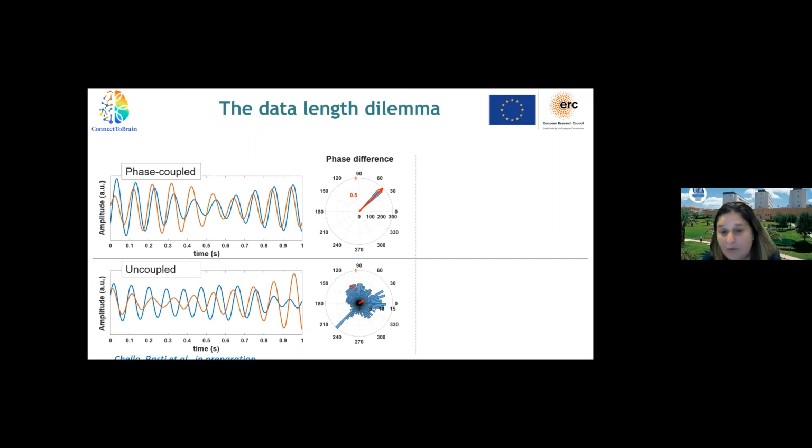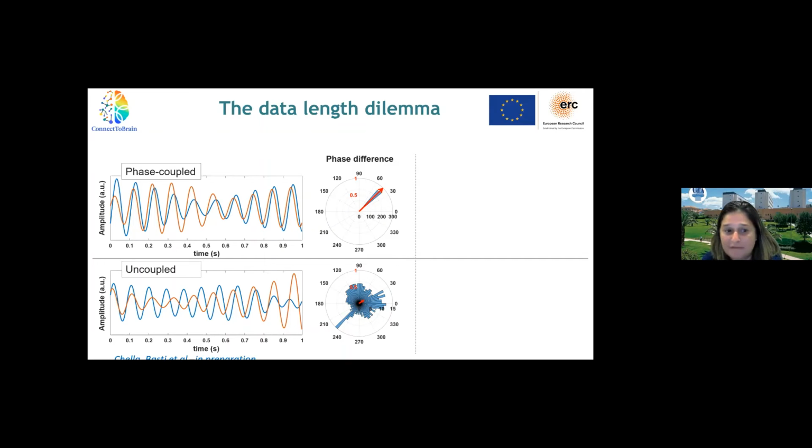Before we go into the application, I also need to advise about some pitfalls that one can encounter, not only when estimating phase itself, as Christoph did, but also when looking at phase differences between different brain areas. Let's suppose that we have two toy examples. The top one is an example in which our two oscillations, the blue and the orange, are phase coupled, and the bottom one is one in which the two oscillations are not phase coupled.